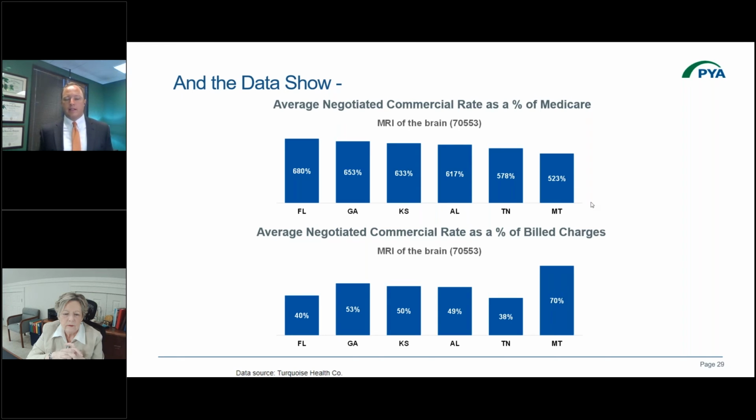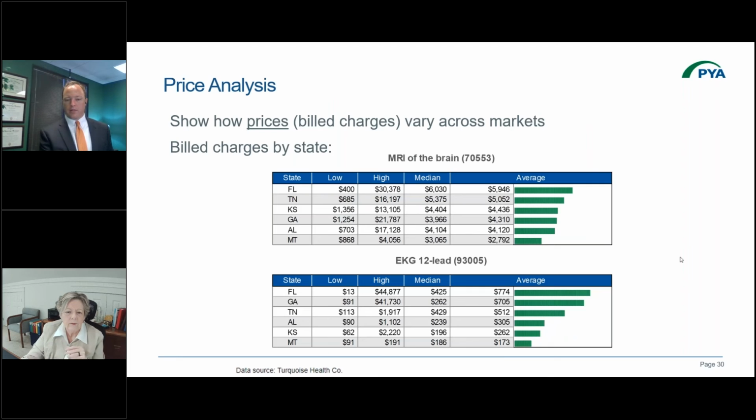On the top chart, Florida is 680% of Medicare on average for commercial rates for an MRI, where Montana comes in at the lowest at 523%. In terms of commercial rates as a percent of bill charges, Florida is the lowest, with Montana being the highest. So there is some variability from state to state.